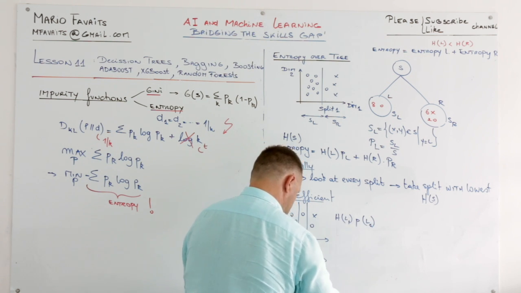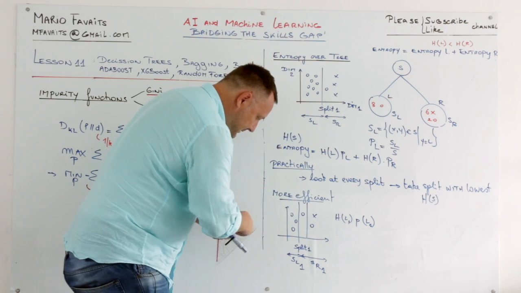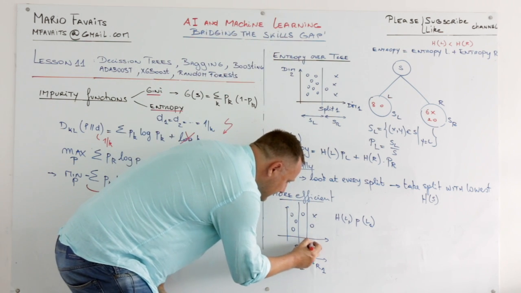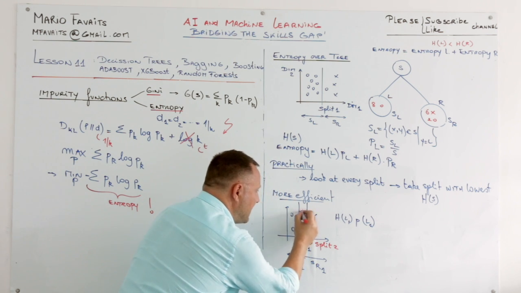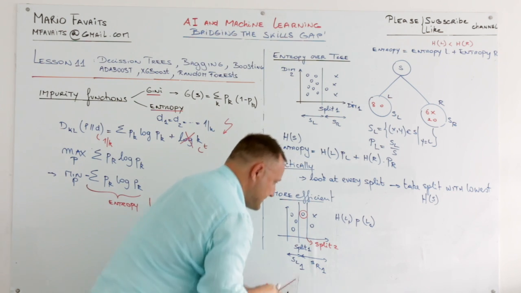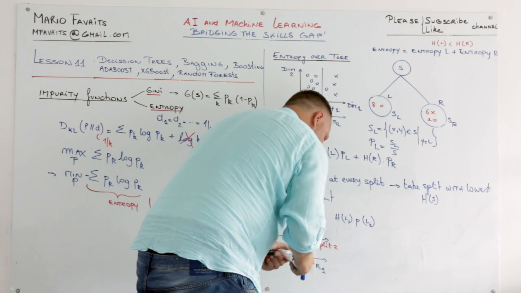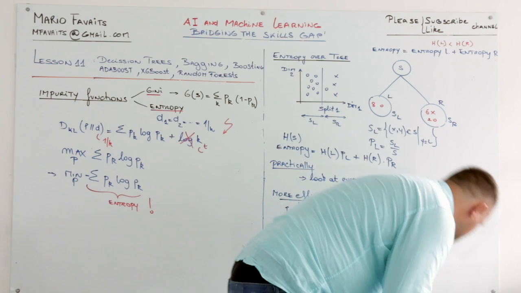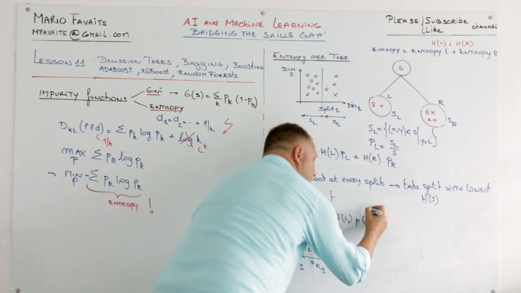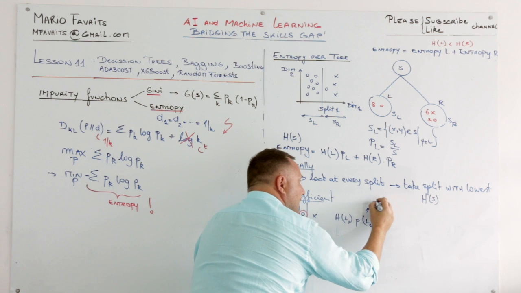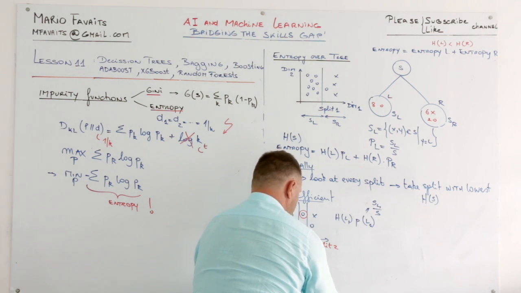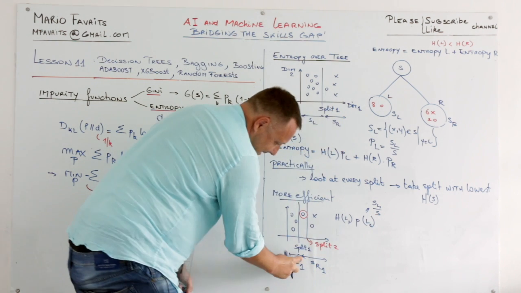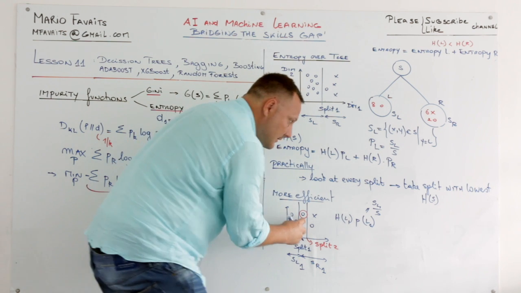We call this entropy L1 times P L1. Now, if we move the split to the right here, so we have here split 2, this is the only element that changes. So P of L1 is S of L1 divided by S. But S of L1 is this piece here, and you see we just add this one.